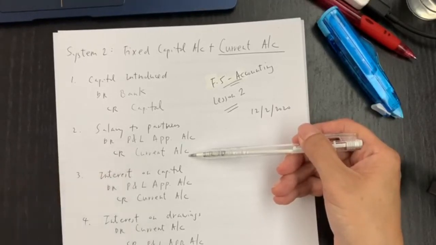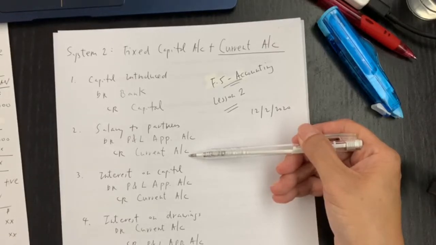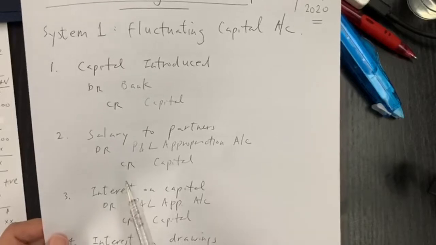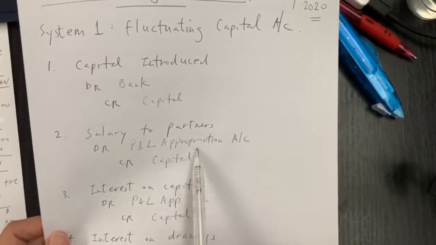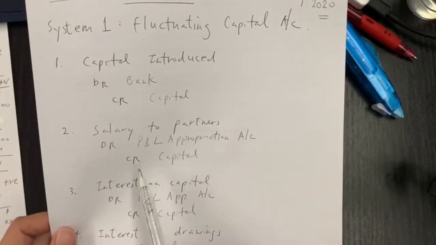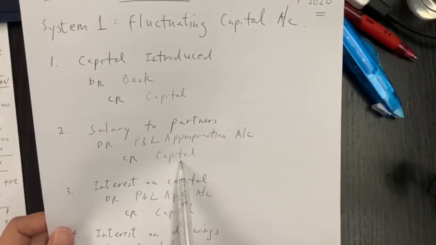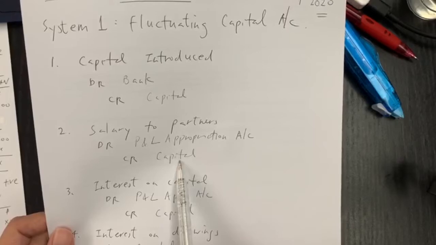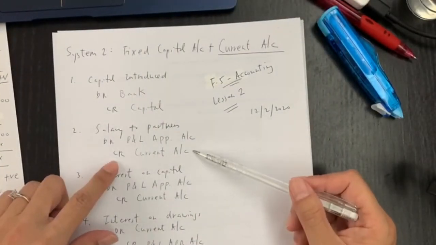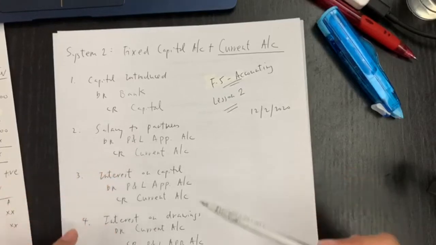All right, so let us make comparison again and show you the previous one. This is the previous example. So debit profit and loss appropriation account for salary to partner, which is the same, but however in System 1 we use capital account. But since we are doing System 2, we don't bother capital account, and we use current account instead. All right.